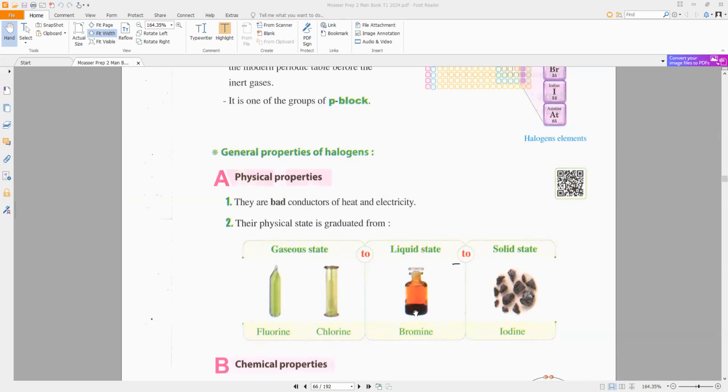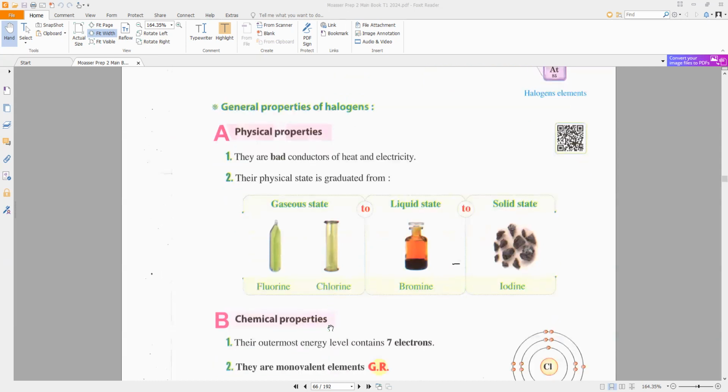The bromine is a dark red liquid, and the iodine is a solid. So the halogen has three states: gaseous, liquid and solid. Bromine is the only non-metal liquid, and iodine is solid. The fluorine is in gaseous state.